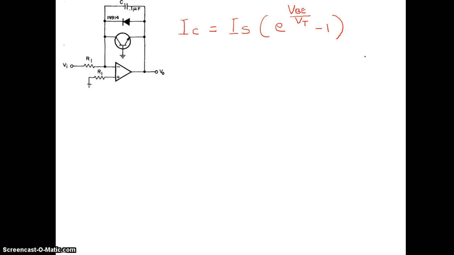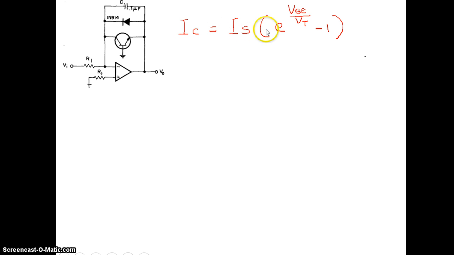Here, IC is the collector current. IS is the emitter saturation current, a reverse saturation current. You must have studied this term in the diode equation.